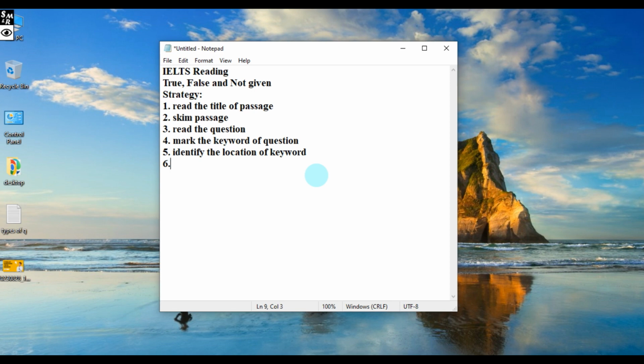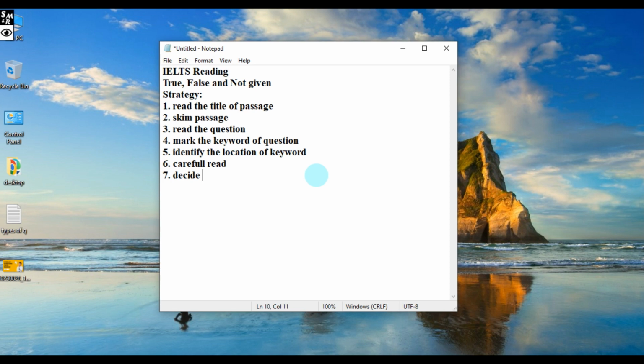Then you need to read it carefully, so much carefully. In the last step, you need to decide what it is about. It is true, or it is false, or it is not given.